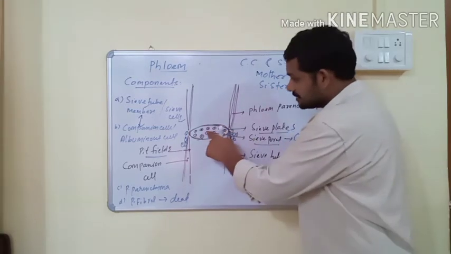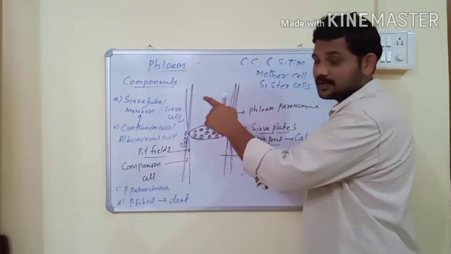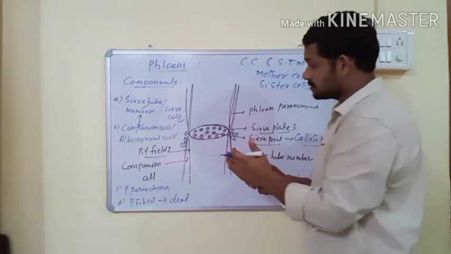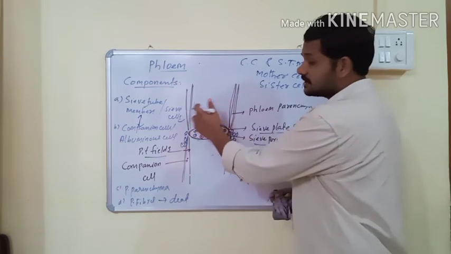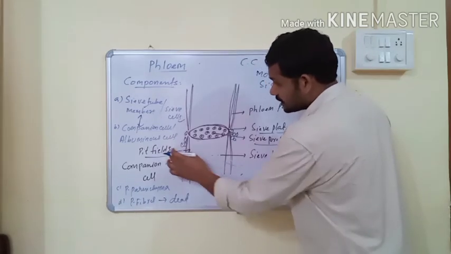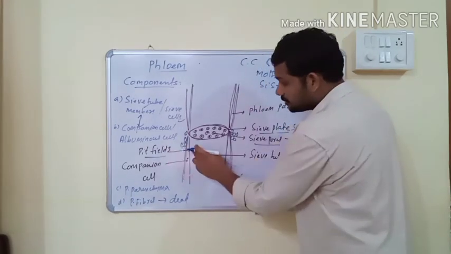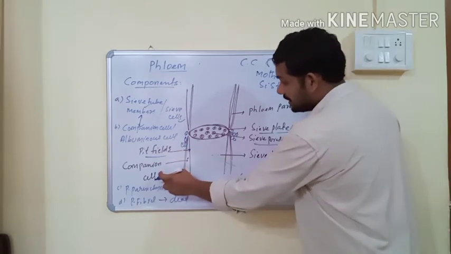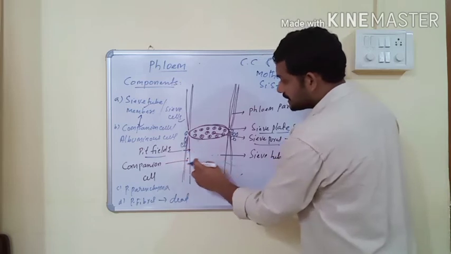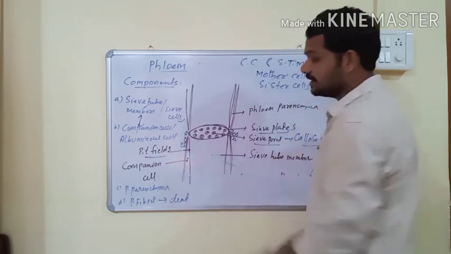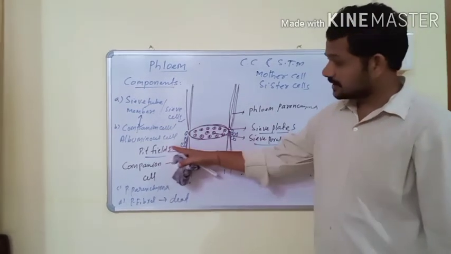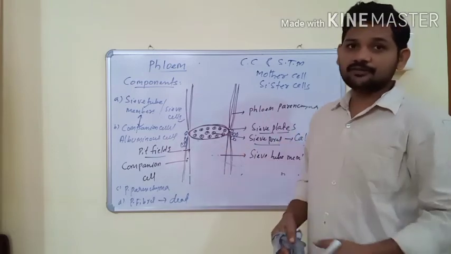Adjacent sieve pores are connected through connecting strands, which are thicker than plasmodesmata. Adjacent cells are connected by plasmodesmata. Here, companion cells and sieve tube members are also connected by plasmodesmata, and plasmodesmata have small pit fields. Pit fields help in the exchange of material between the companion cell and sieve tube member.